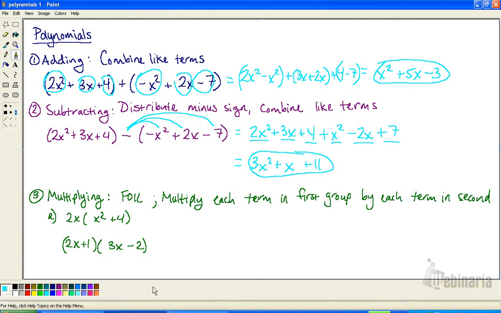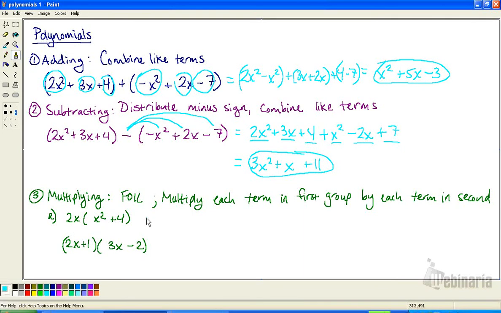The third thing we do is multiply. Now, it kind of depends on what kind of things you're dealing with here, so I'm going to give you a few different examples. Something that you may have heard of is FOIL. I'll tell you how to do that. The basic concept is that we multiply each term in the first group by each term in the second group. Let's start off with the simplest example, which is a monomial, the 2x, by a binomial, x squared plus 4.